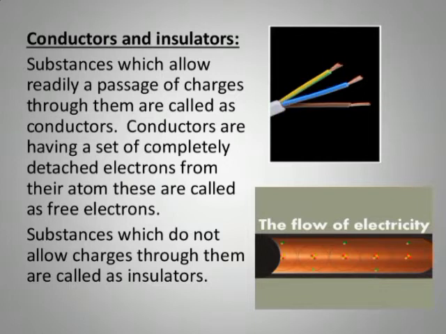So what am I telling you is, a conductor is something which allows readily a passage of charges through them. So charges means immediately it should come into your mind that it might be electrons. In what concept? Electrostatic concept.